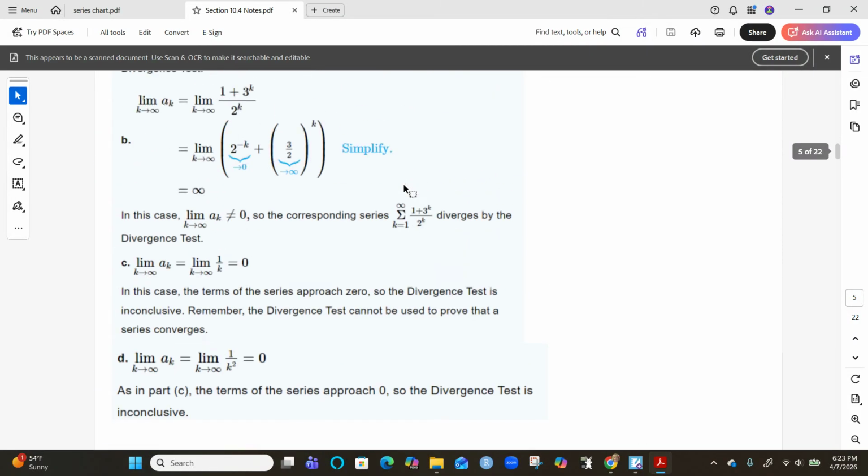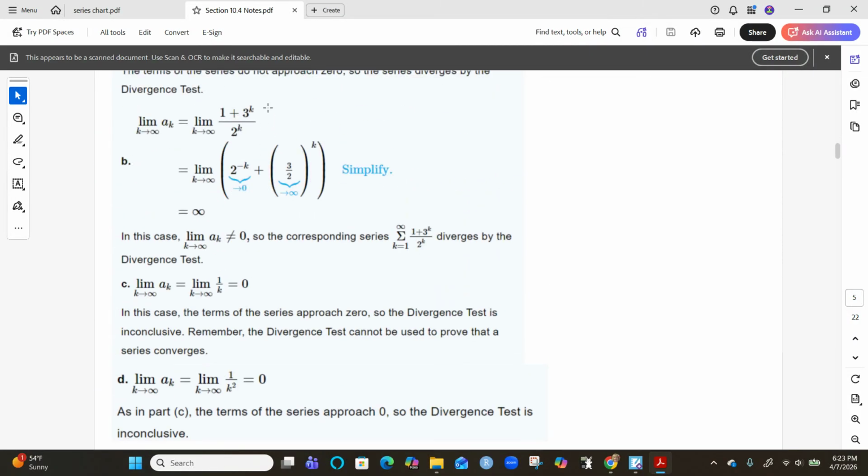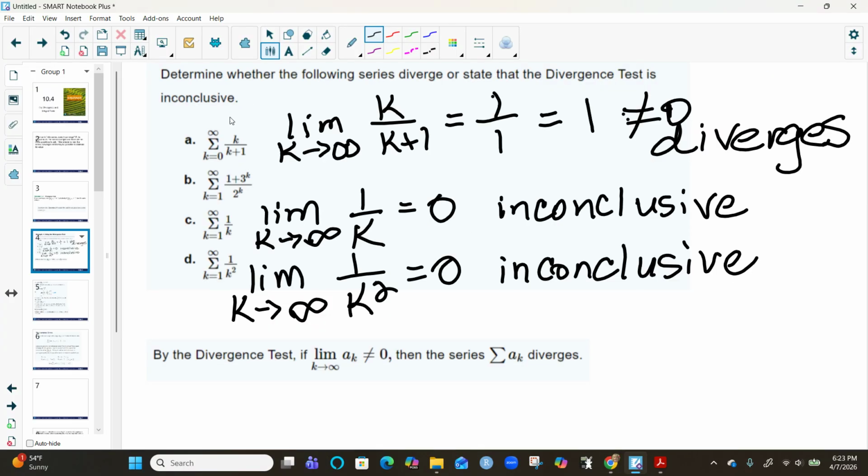Okay, so here is B, and what they're going to do is bring up this 2 to the k into the numerator. Okay, so when we bring it up from the denominator to the numerator, that exponent of k is going to become negative. And I'm going to try to find some space here.